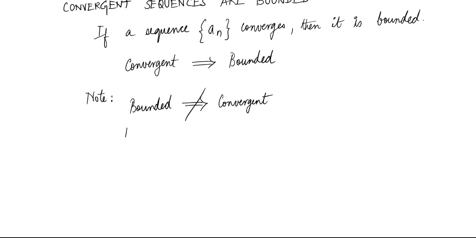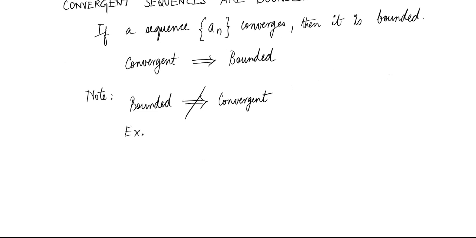So is there an example? Yes. An example would be a sequence that alternates in sign, right? So this one is bounded. Why? Because it goes as far as -1 at the bottom, and as far as +1 at the top. Those are the limits. It does not exceed that on the top or on the bottom.